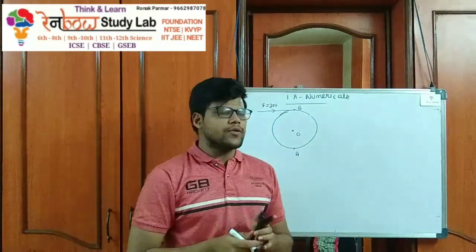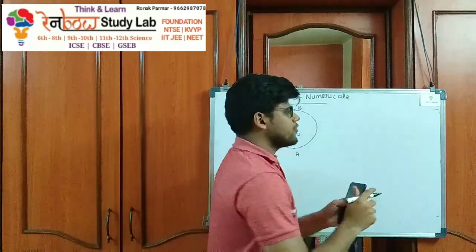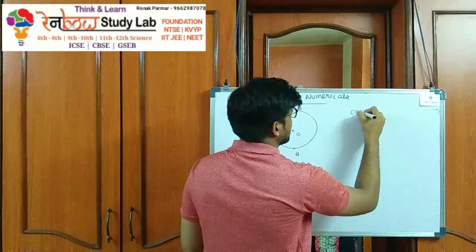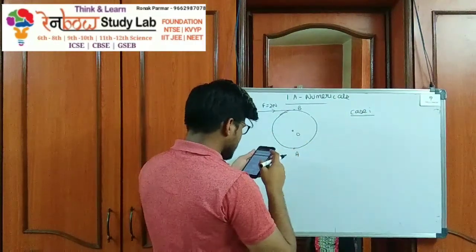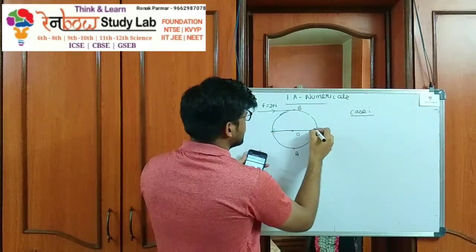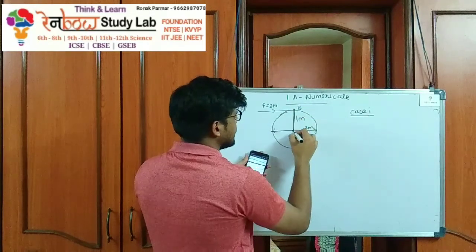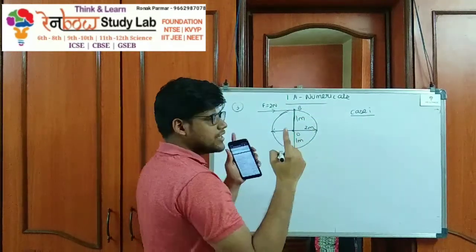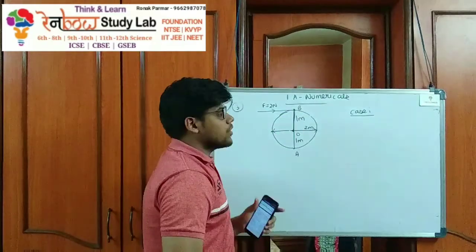First you need to calculate moment about O and in the second case moment about A. So case 1. The total diameter of this circle they have provided is 2 meter. So this is the radius, it will be 1 meter.